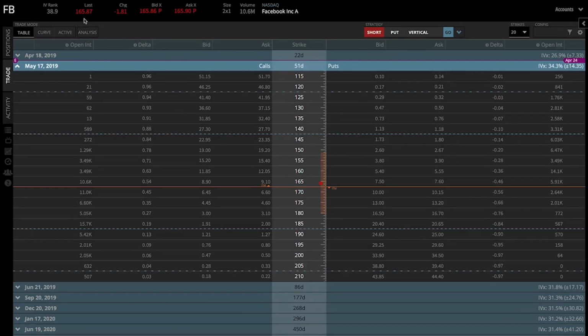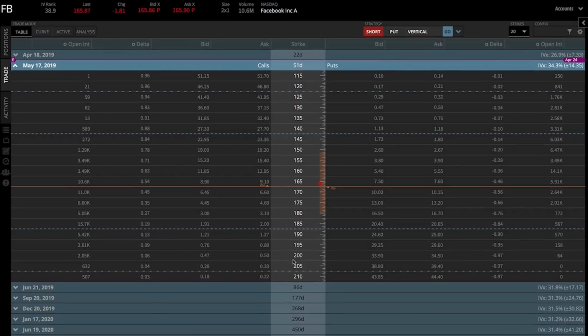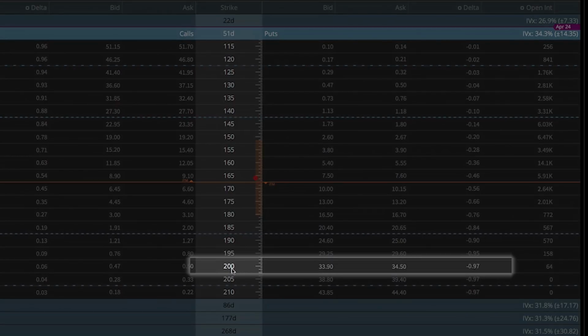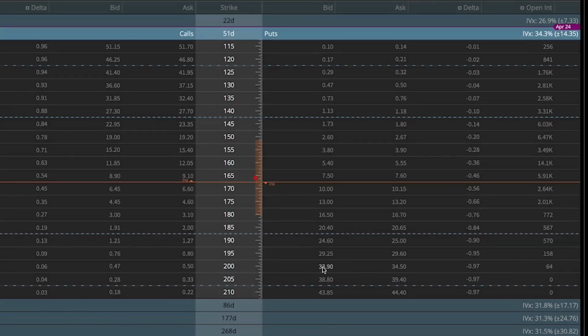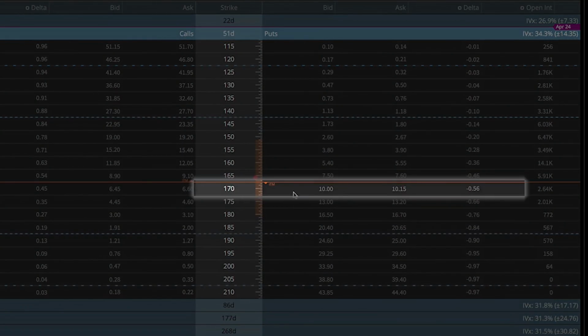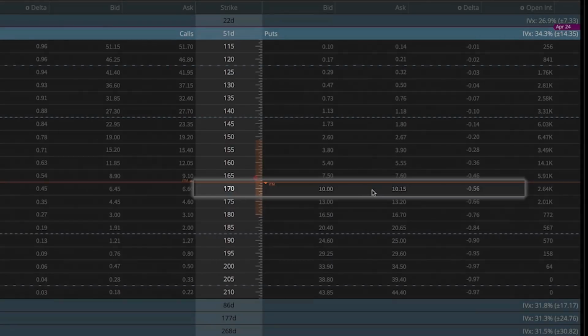So right now, Facebook is at $165.87. And if we look at the 200 put option, so the put option with a strike price of $200, we can see that this option has a valuation right around $34, let's call it. And if we look at the put option with a strike price of $170, that put option has a valuation right around $10.